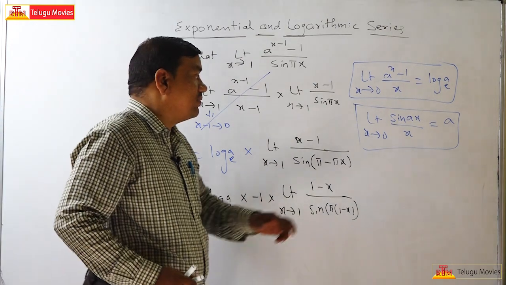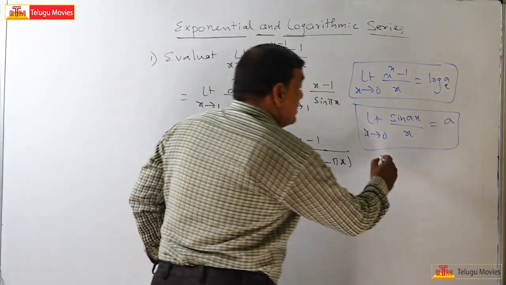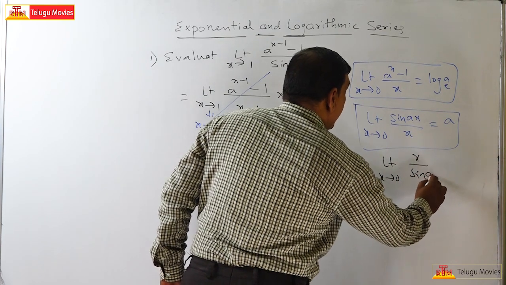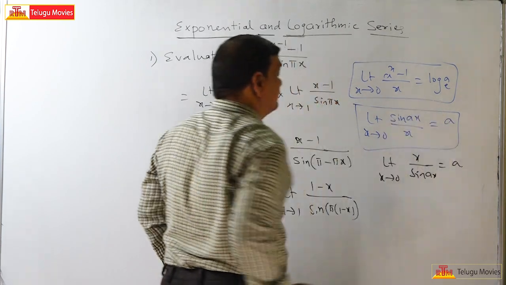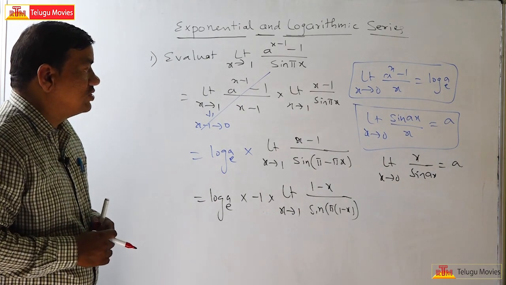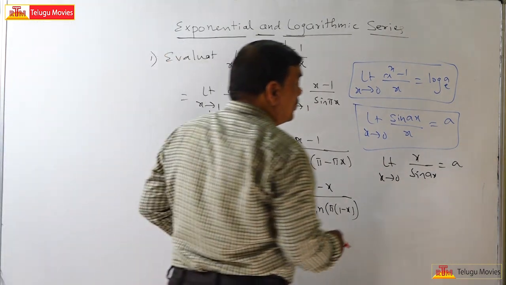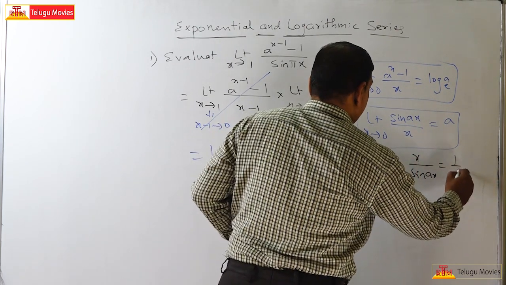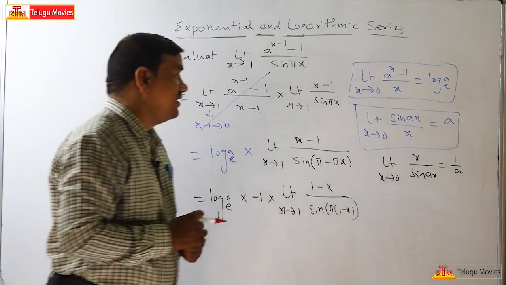Yes. Now see the problem. This is the same as limit x tends to 0, x/sin(ax), whose value is 1/a. So this is 1 by a you will get, understand?